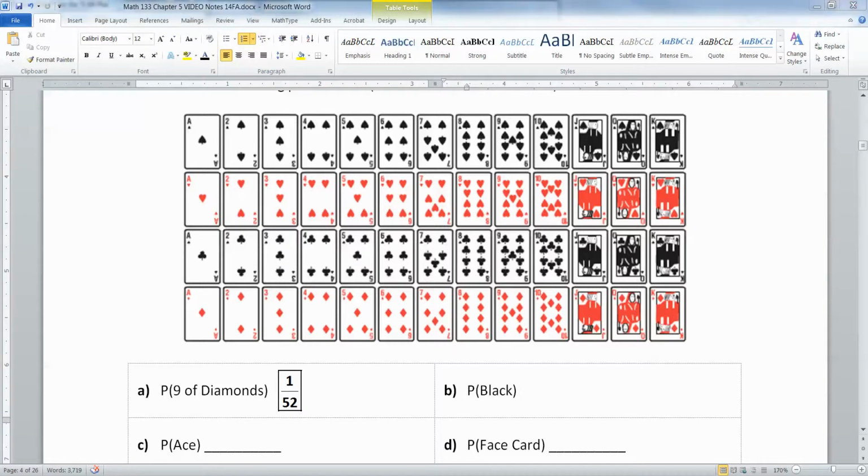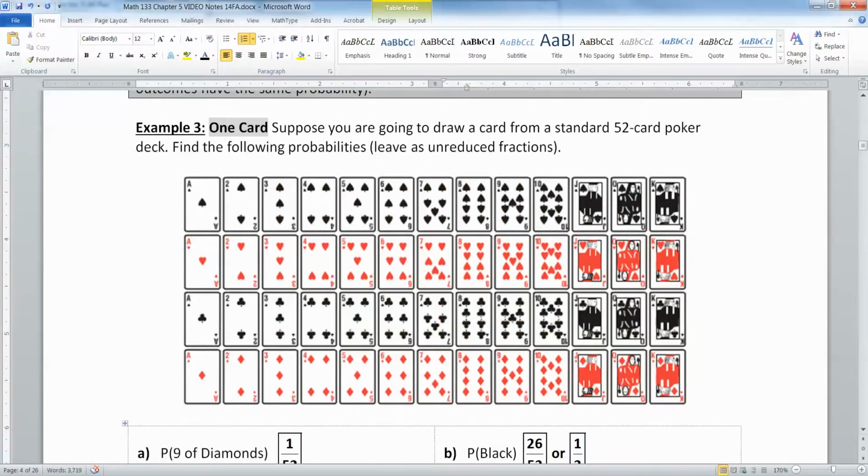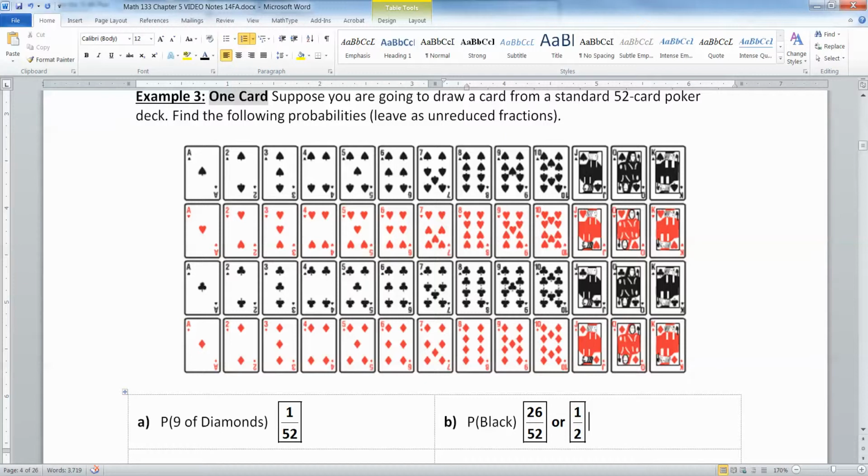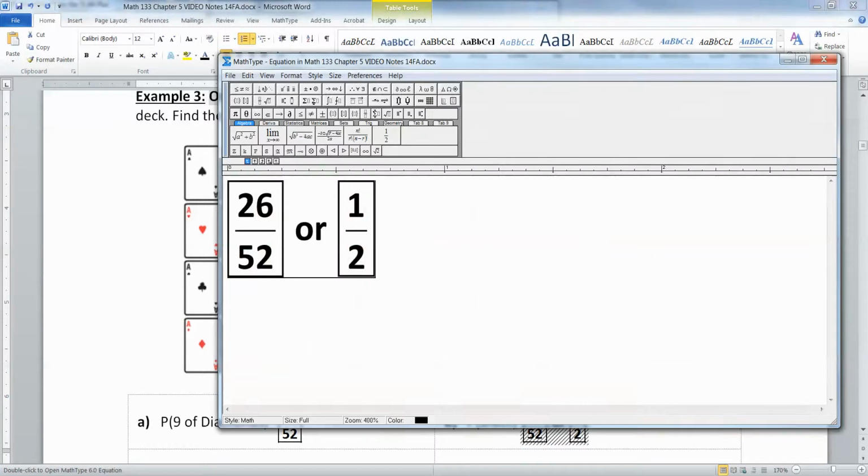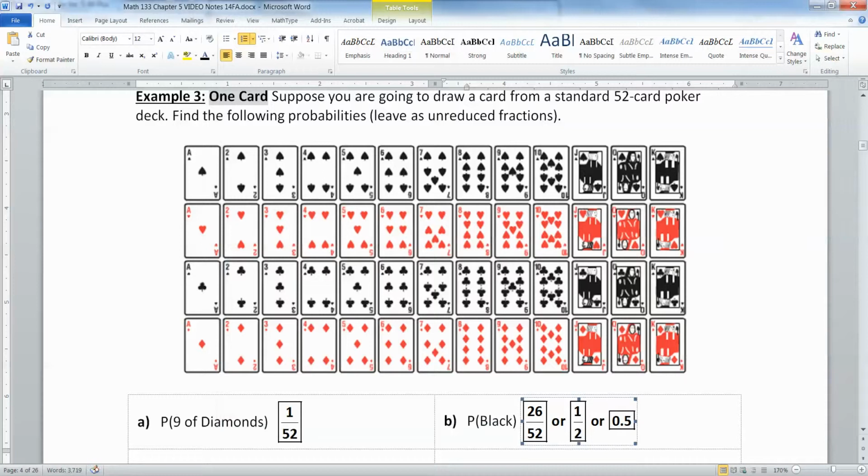So that would give us 26 out of 52, which would reduce to a half as a reduced fraction, or 0.5 if you so desired. I know it said to leave it as an unreduced fraction, but I just want you to see how you can break these down. So that'd be 0.5 or 50% even.